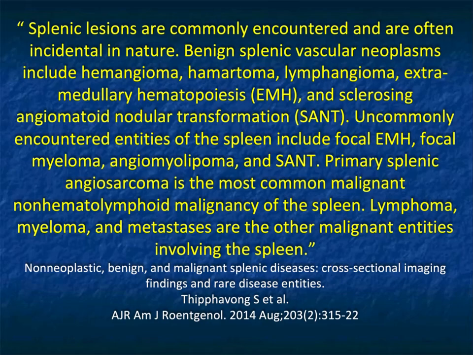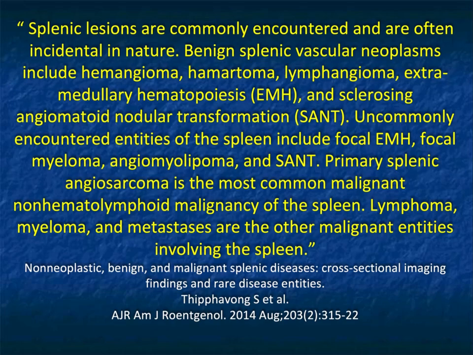In this article by Tipavong, splenic lesions are commonly encountered and often incidental in nature. And they go through many of the different lesions, including some of them which can be impossible to diagnose on CT, including extramedullary hematopoiesis if you don't have other findings, and so-called sclerosing angiomatoid nodular transformation, or SANT, or even an inflammatory pseudotumor. These are basically diagnosed with splenectomies.